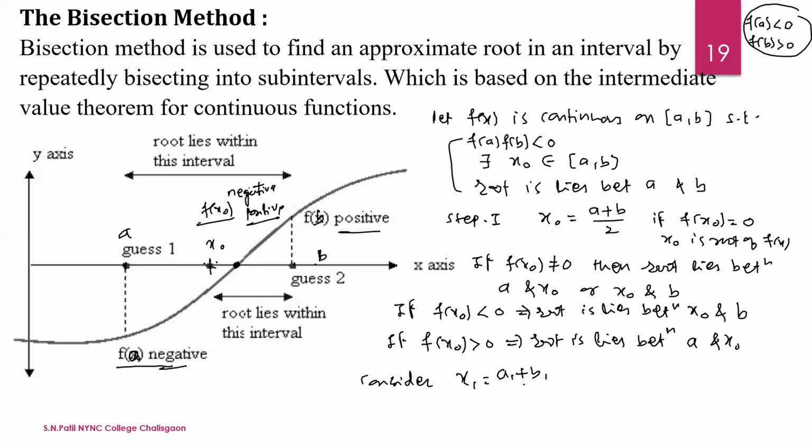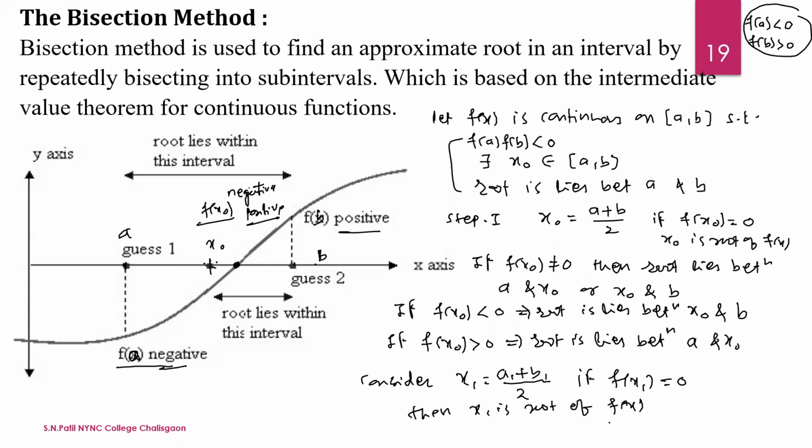We bisect this interval in the same way, a1 plus b1 divided by 2. If f of x1 is 0, then x1 is a root of f of x.